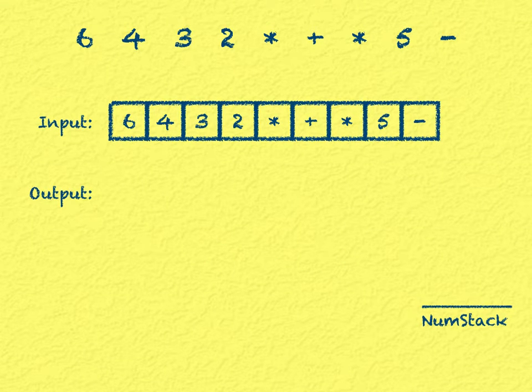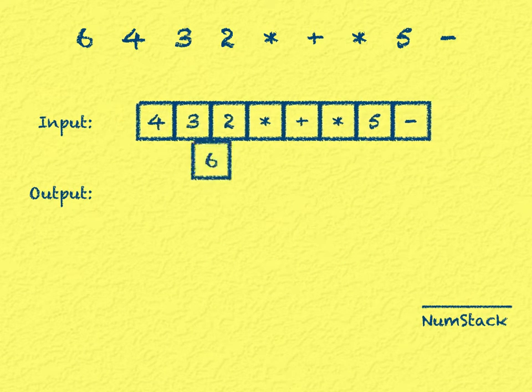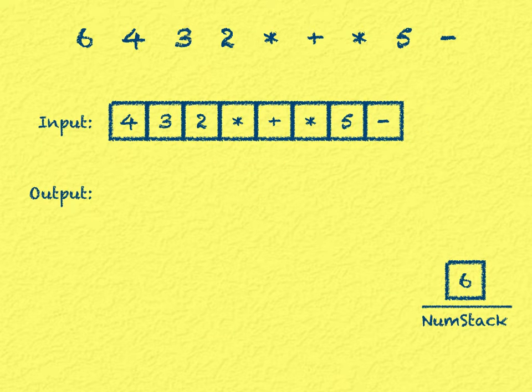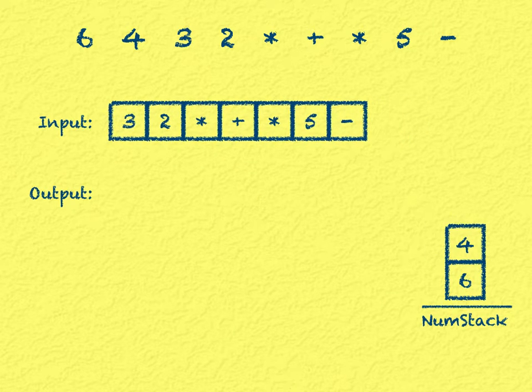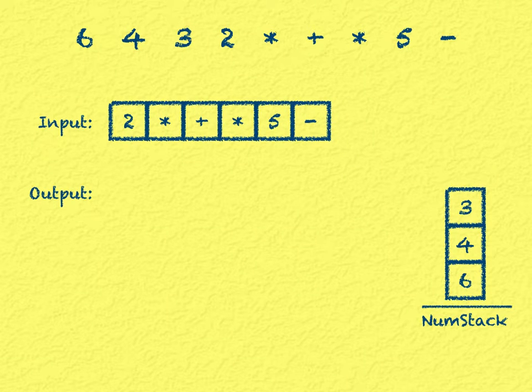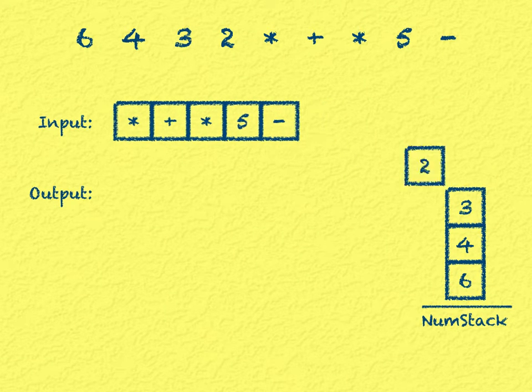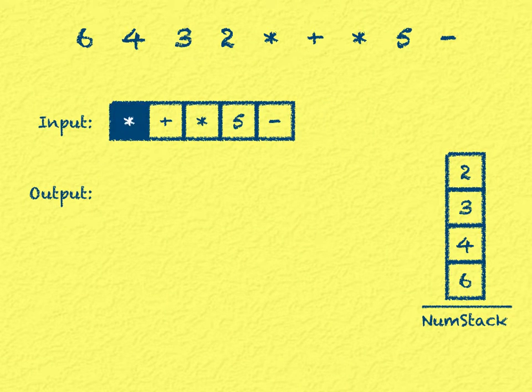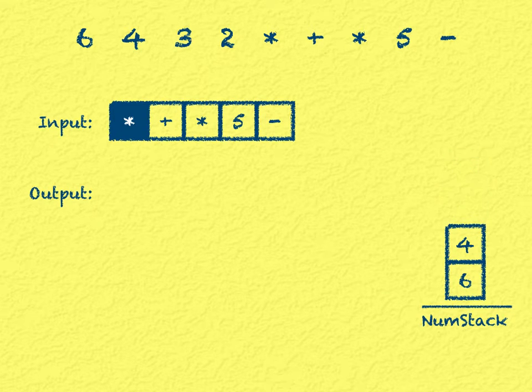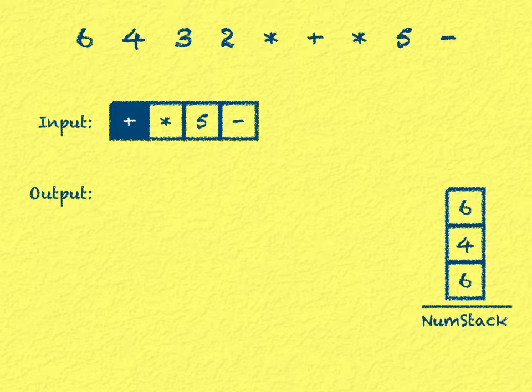Alright, final expression. 6 is a number, onto the num stack. 4 is a number, onto the num stack. 3 is a number, onto the num stack. 2 is a number, onto the num stack. Now we got an operator, multiplication. Apply that to the top two values, 3 and 2, and we get 6. Throw it away. Now we got plus.